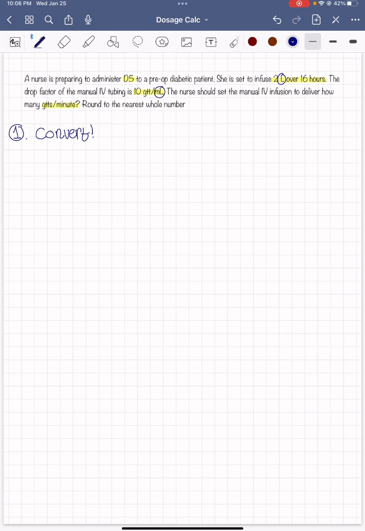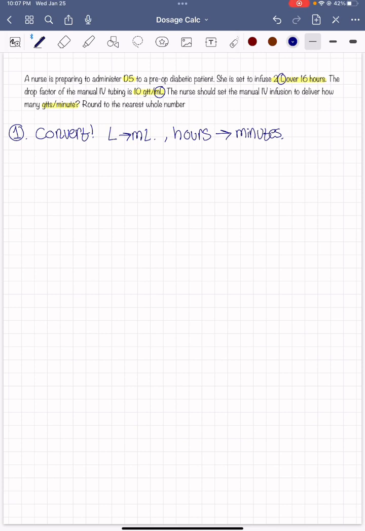So I need to change 2 liters to milliliters. What else do I need to convert? I'm going to also need to convert hours to minutes. Additionally, I see drops, but we'll cross that bridge when we get there.